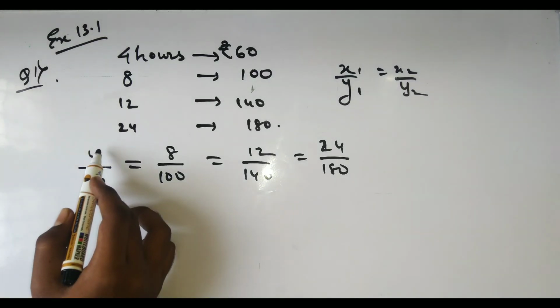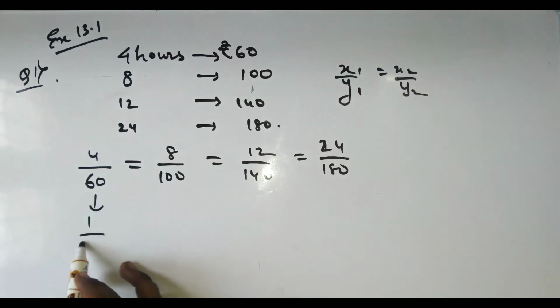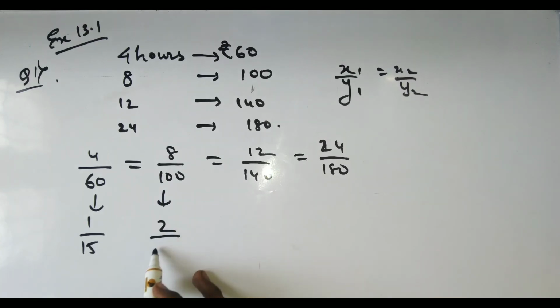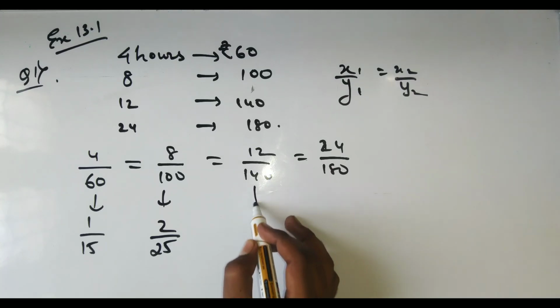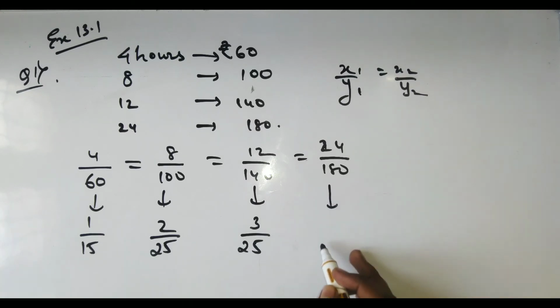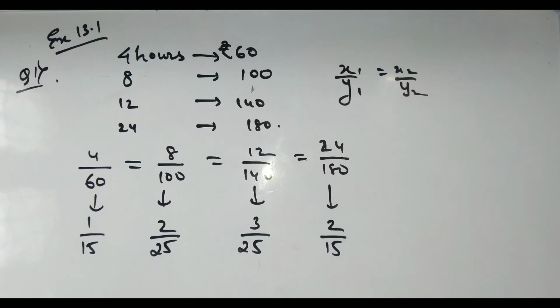So I can reduce 4 by 60 as 1 by 15. 8 by 100 I can reduce as 2 by 25. 12 by 140 I can reduce as 3 by 25. 24 by 180 I can reduce as 2 by 15.